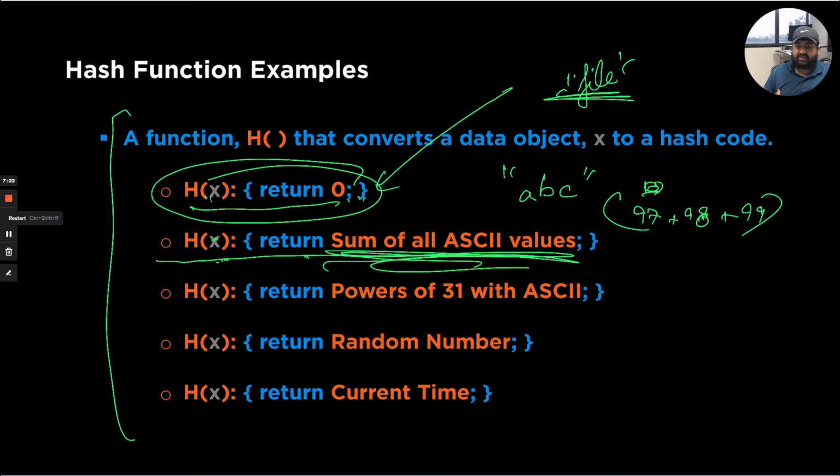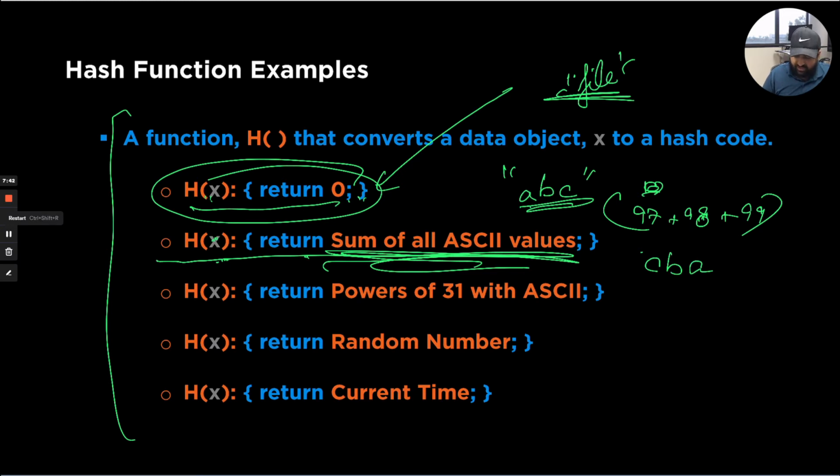So this is again a perfectly valid hash function. I'm not going through the properties again, but you can test it out. But the issue here is, is it a good one? It's okay, but not the best. Why? Because if instead of ABC we had CBA, it's going to return the same value.